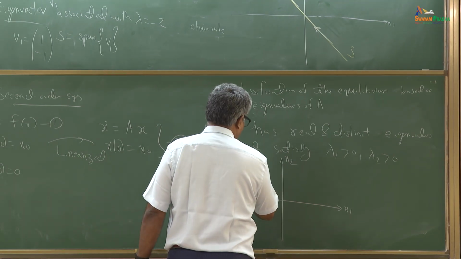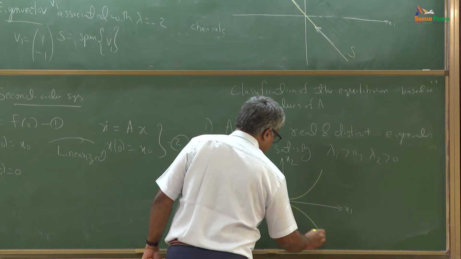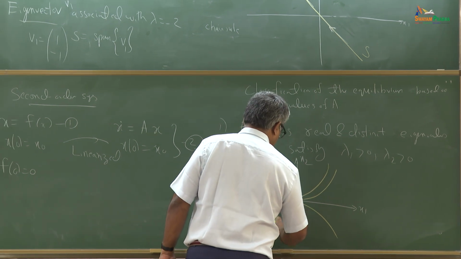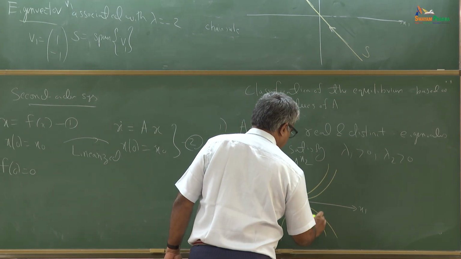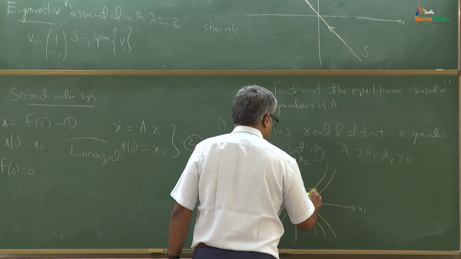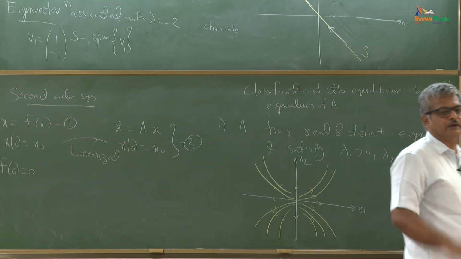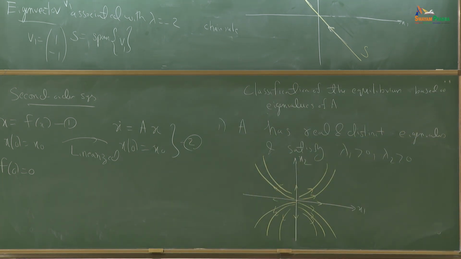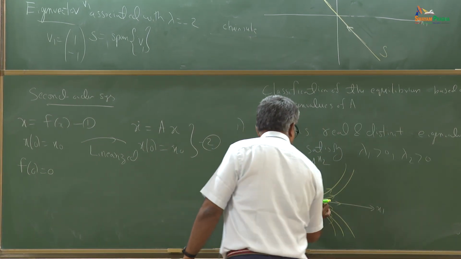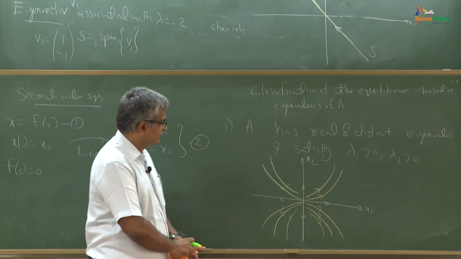So the phase portrait will look like this, all escape out to infinity, and this is the typical portrait that you get, right. So you perturb it from here, they will all escape out, right.